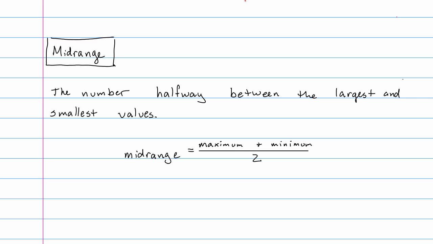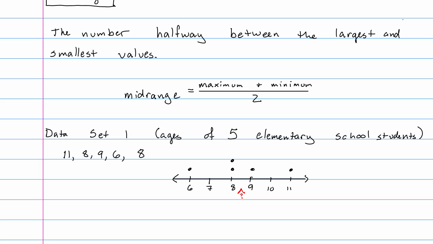So looking at data set 1, the midrange is, well, the largest value is 11, the smallest value is 6, so that's 17 over 2, which is 8.5, which is actually about where we drew that arrow. Oh, that's interesting. What about data set 2?